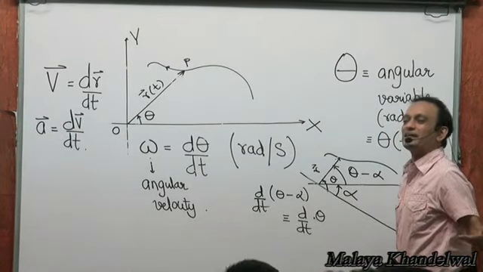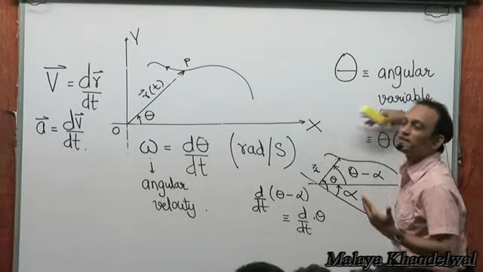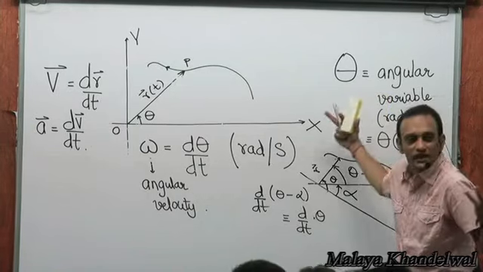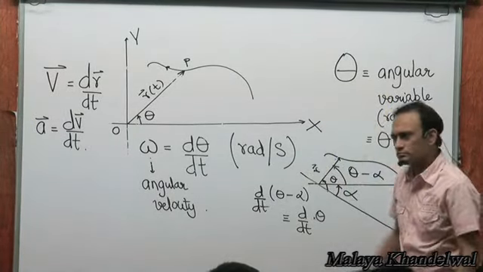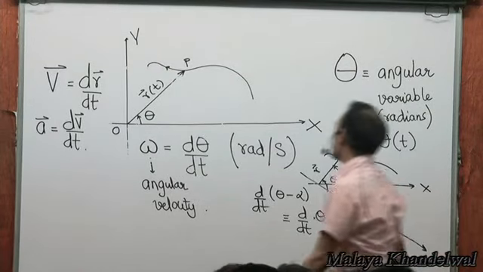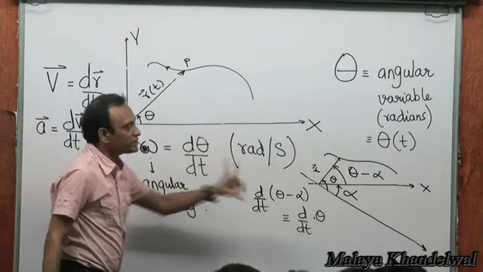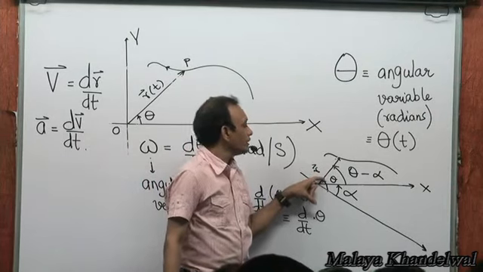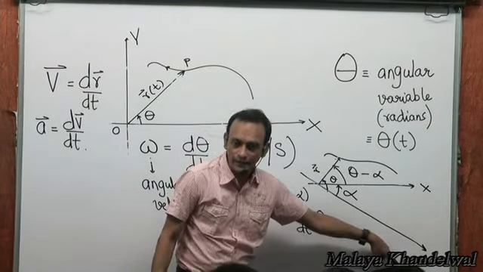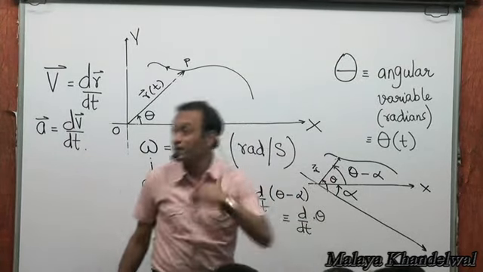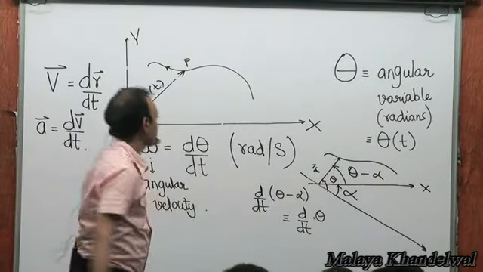Obviously, it makes sense to measure our thetas with respect to the positive direction of the x-axis. That's convenient, right? And do you all understand, it does not matter whether I measure the angle with respect to the x-axis or with respect to the line L. It'll give you the same value of omega, right? Okay.